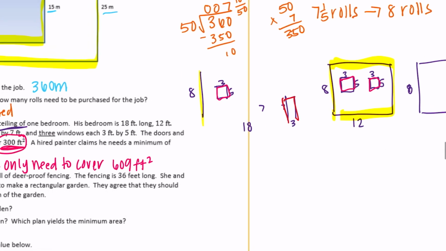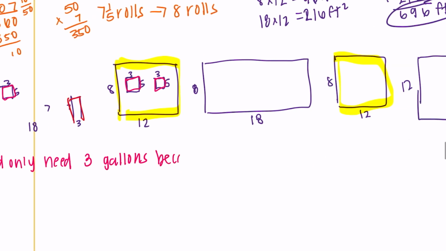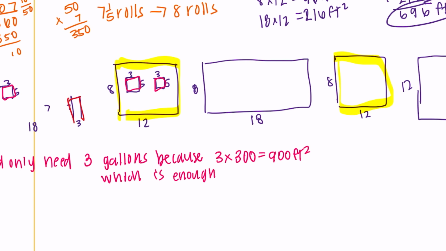So we'd need 3 gallons, because 3 times 300 equals 900 square feet, which is enough to cover 609 square feet.